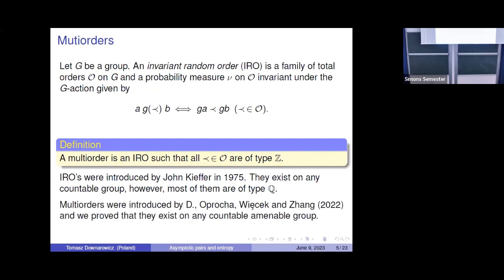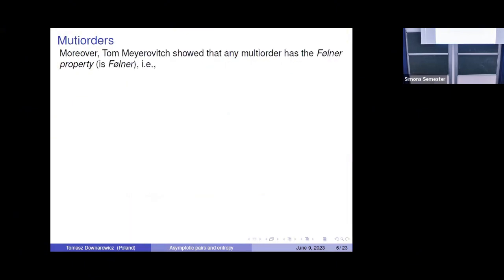We wanted something that is finite, and this is the team who introduced this notion, and we proved that such objects exist on any countable amenable group. And Downarowicz helped us to show that any multi-order has the Følner property, which is very, very nice and very useful. Here is what it means.